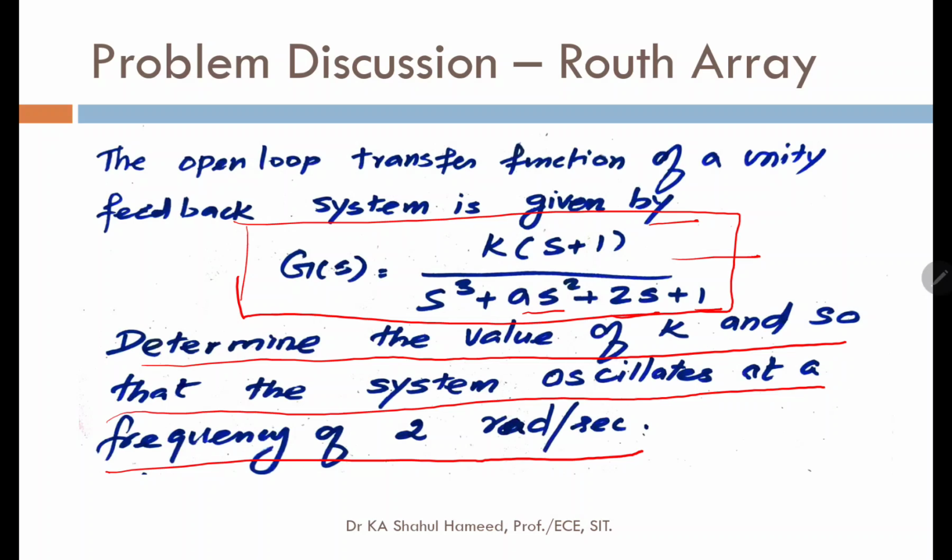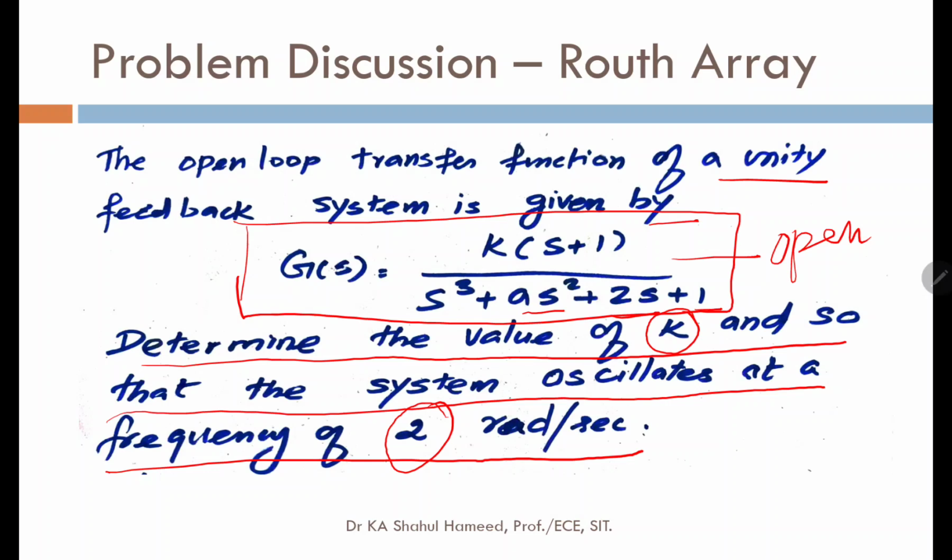For that, we have to find the stability of the system, and also we have to find the value of K for the system stability, and the given specification is the frequency is 2 radians per second. Here, this is the open loop transfer function, and the feedback is unity.